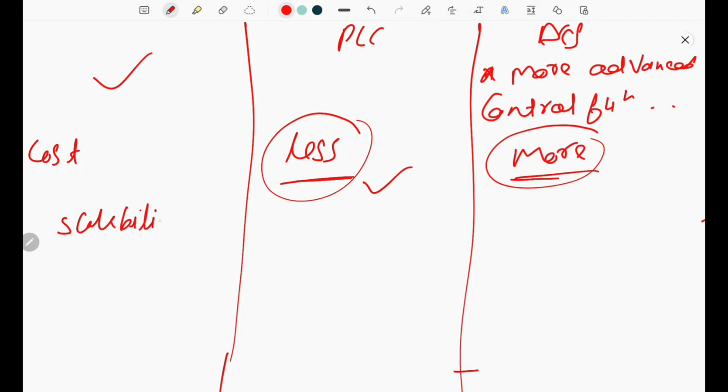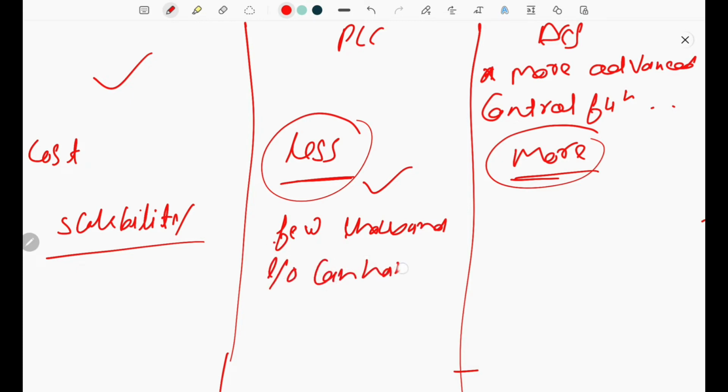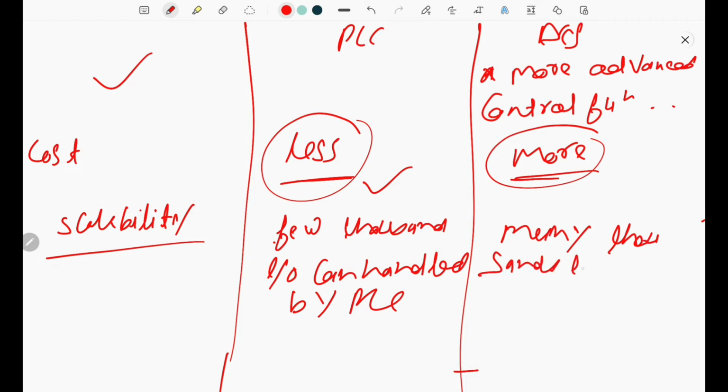Now another point is scalability. What is the simple meaning? A few thousand IOs can be handled by PLC, but many thousand IOs can be handled by DCS.